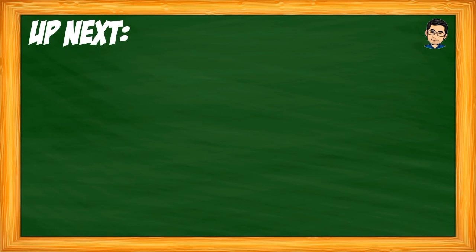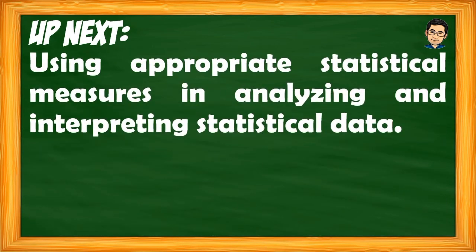So for our next video lesson, we will now be discussing on how to use appropriate statistical measures in analyzing and interpreting statistical data. So dyan magagamit na natin yung measures of central tendency and variability. Mag-discuss tayo ng mga situations, ipe-present, and then titignan natin kung ano yung akmang statistical measures na dapat gamitin.